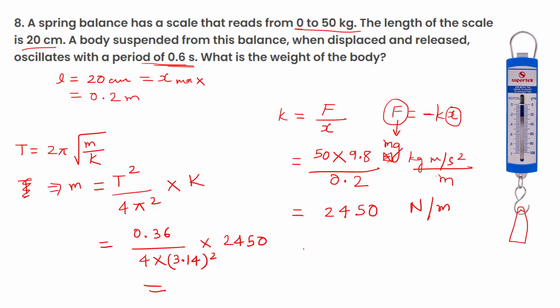So the denominator is 39.4384, and the numerator will be 2450 times 0.36, which is 882.